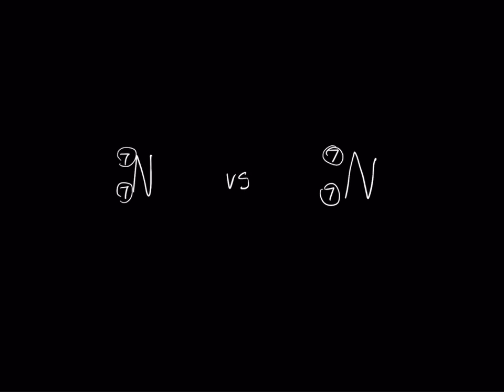The mass numbers need to be different. If they're the same, and you also have the same number of protons, then they're just going to be the same exact atoms. They're not going to be different isotopes.